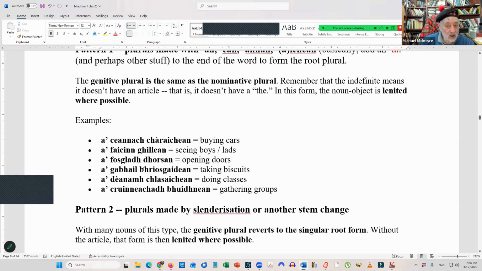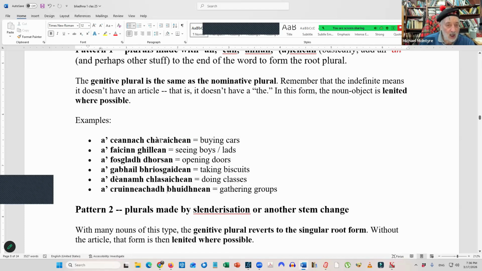A gal vriskitchen, taking biscuits or getting biscuits. A gen of klassiken, doing classes. A krunikuk vuyen, gathering groups, of groups.